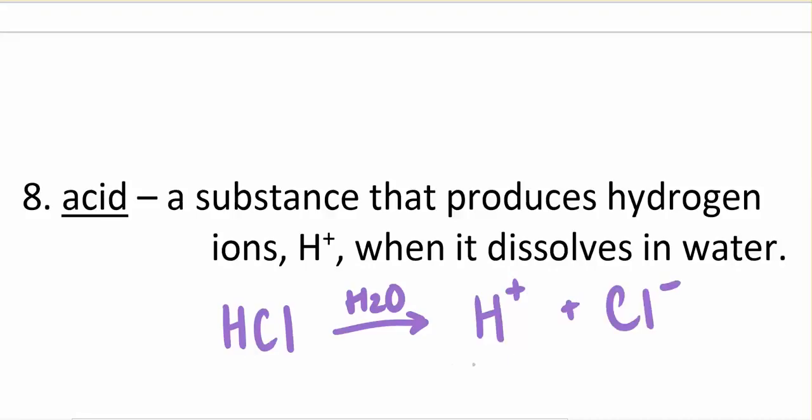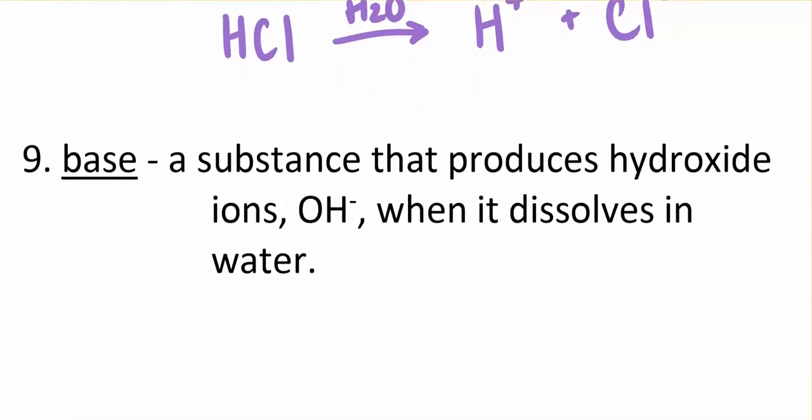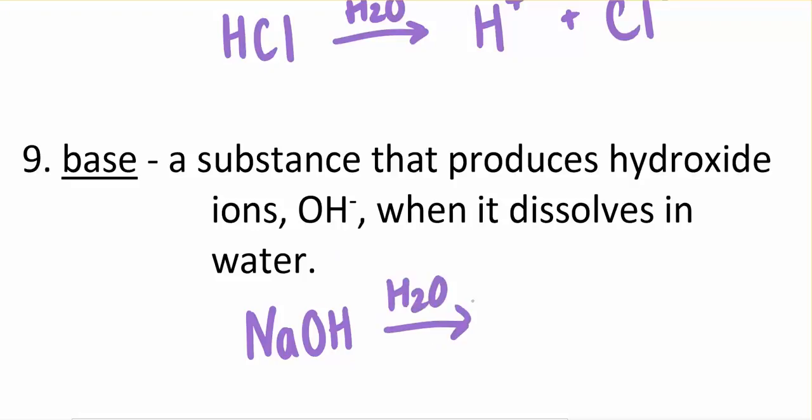So because it produces hydrogen ions, that's an acid. A base produces hydroxide ions in water. Sodium hydroxide is a base. Since it produces hydroxide ions when we put it in water, it's a base.